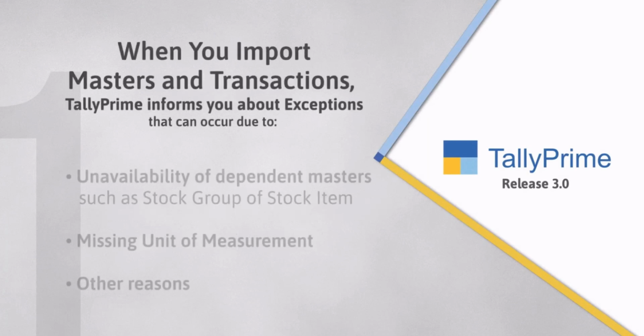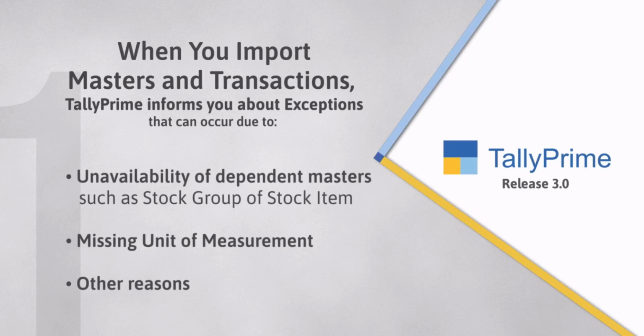Consider that you imported a set of masters and transactions that have exceptions. In such cases, you will get a message that informs you about the exceptions during the import. There can be various types of exceptions, such as the exceptions that occur due to the unavailability of some of the dependent masters.